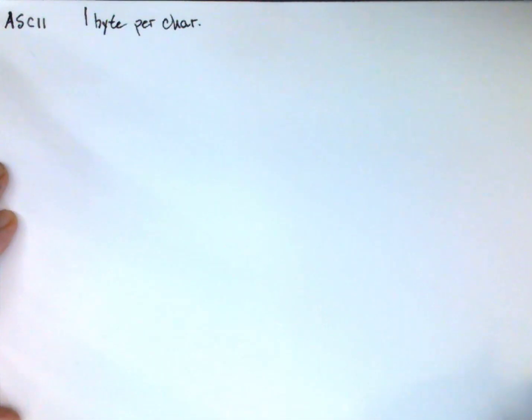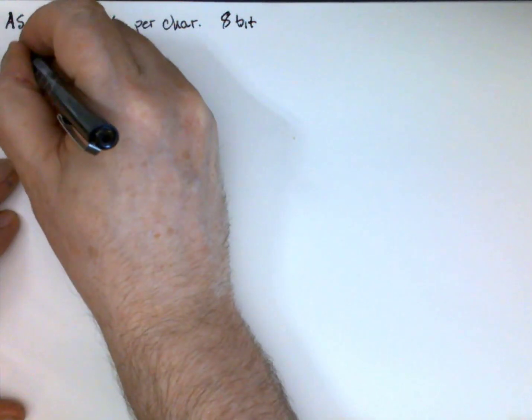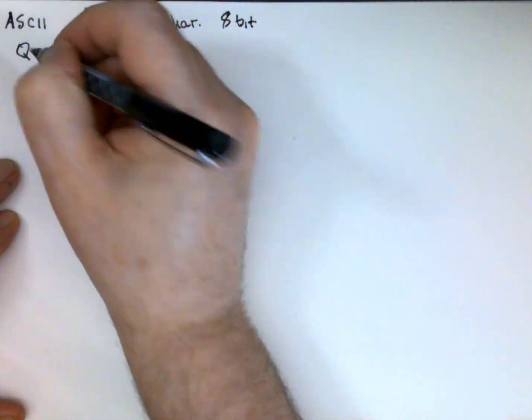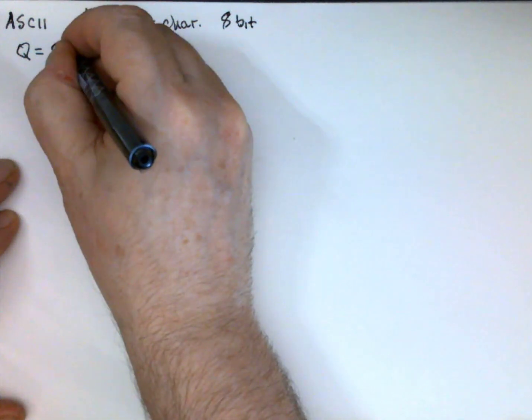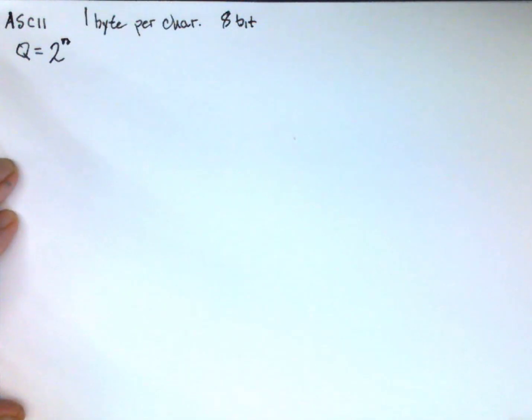1 byte per character means 8 bits, and according to a very famous formula that tells us how many variations we can use for 8 bits, the number of variations Q will be equal to 2 in the power of n, where n is the number of bits.